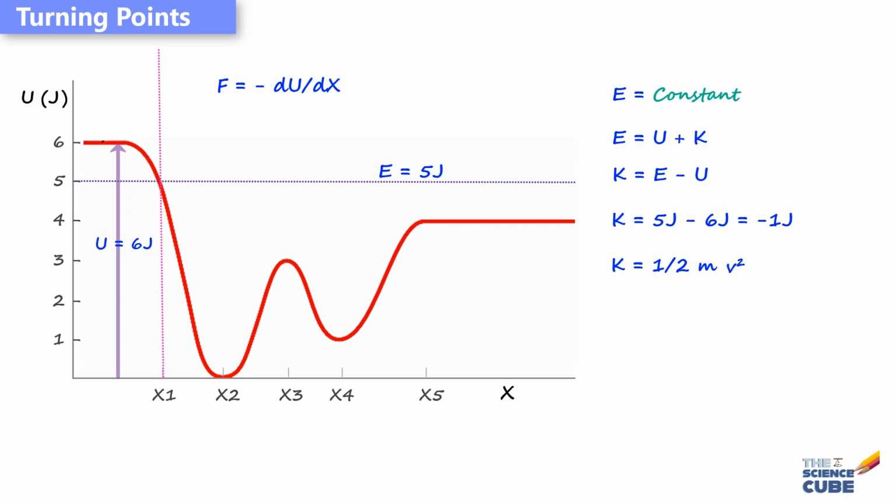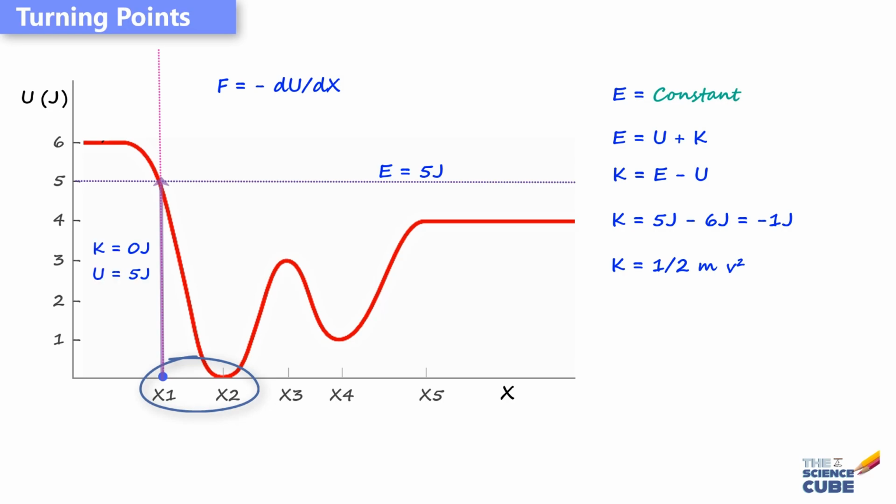So what really happens is that as the particle moves towards x1 from x2, kinetic energy decreases. That means velocity decreases and it slows down till it stops at x1, where the kinetic energy becomes 0.